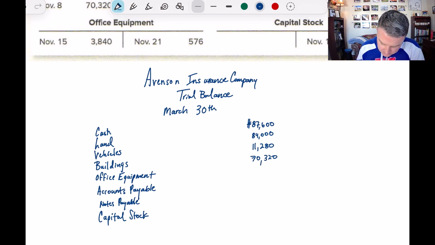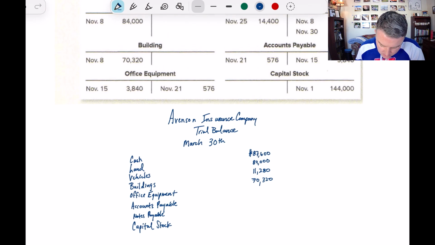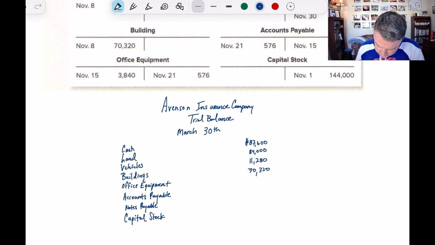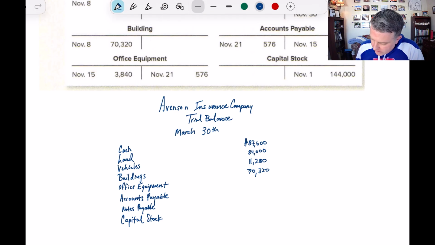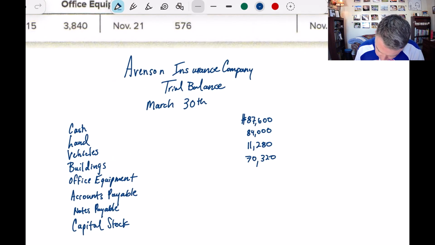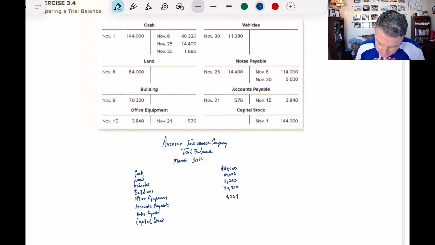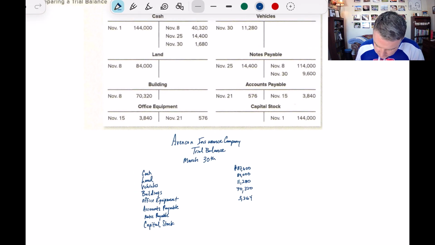We're just taking the totals there. Office equipment is the next one here. So office equipment, we have $3,840 of debits and $576 of credits. I'm going to subtract the $576 from the $3,840, and then the office equipment is $3,264. And then the next one here is accounts payable.